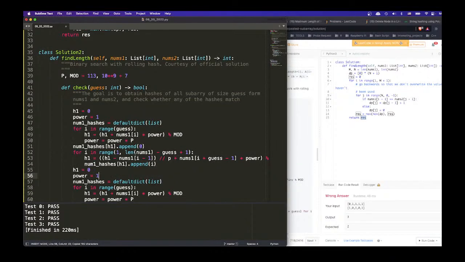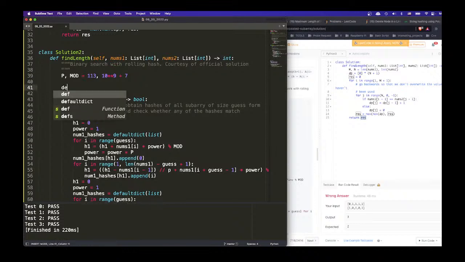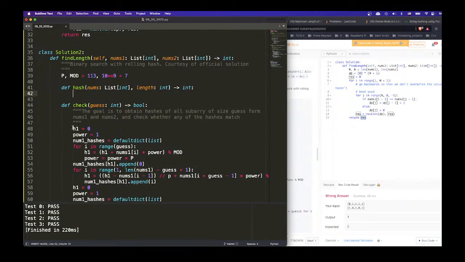Okay, so we're gonna do hash nums and guess length. Return integer. Yeah, we can just do this one. Oh, we return two things, and also power. So we return a tuple.